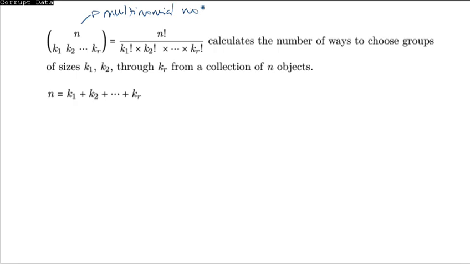The multinomial notation is a notation where you have n objects, and you're first selecting a first group with k1 elements, then a second group with k2 elements, and however many groups you want, but they have different sizes, right?